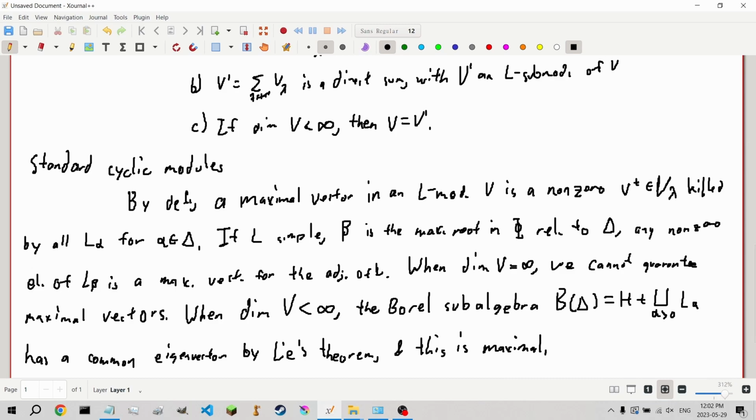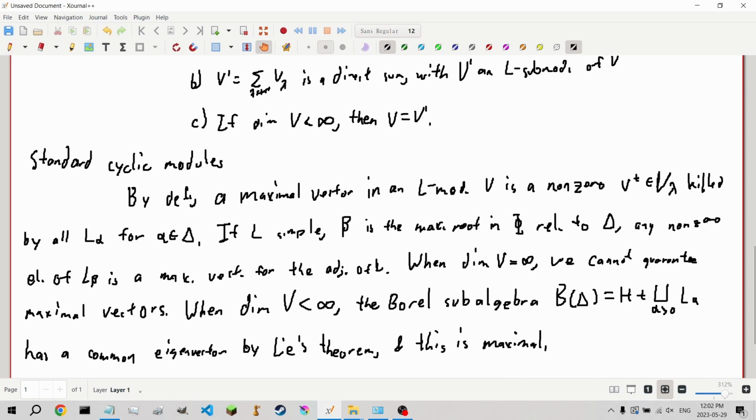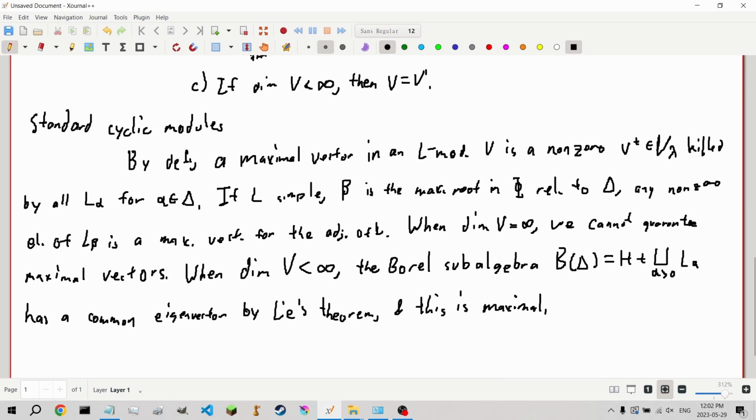All right. In order to study finite dimensional irreducible L modules, it's useful to first study the larger class of L modules generated by a maximal vector.